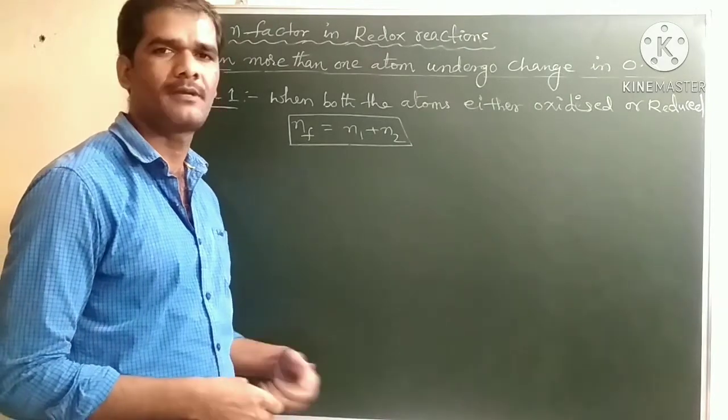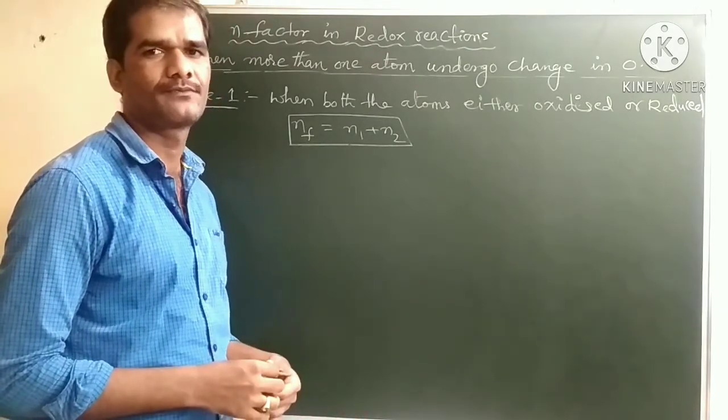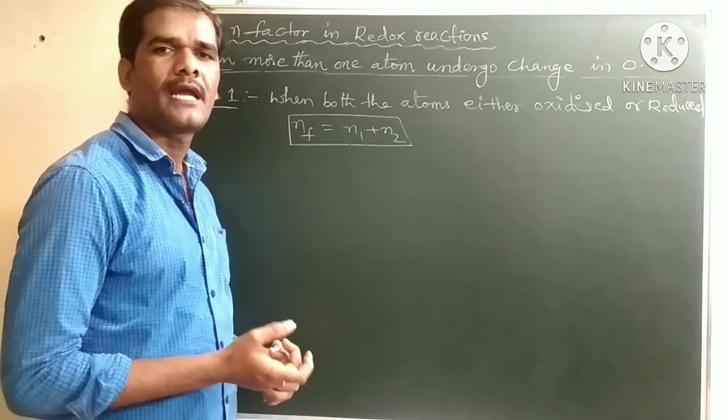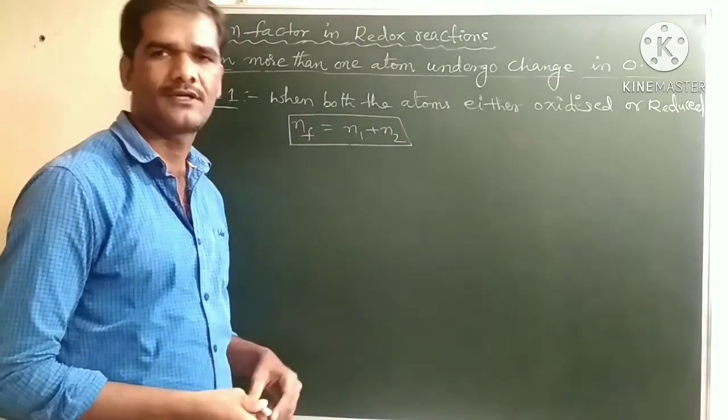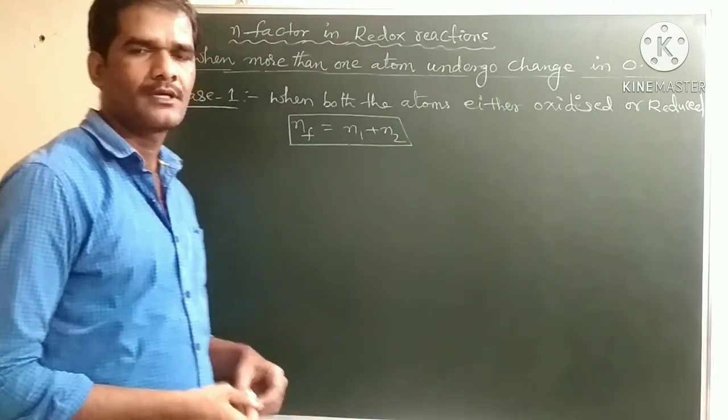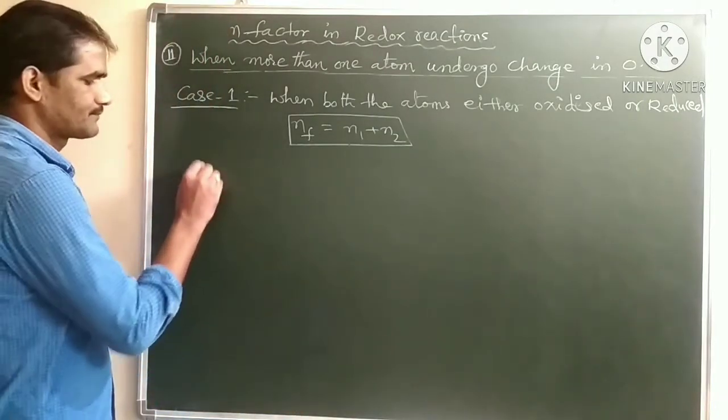It may be oxidized or reduced. That is, the sum of the n-factors of the two elements will give the total n-factor for that molecule. Let us take an example.